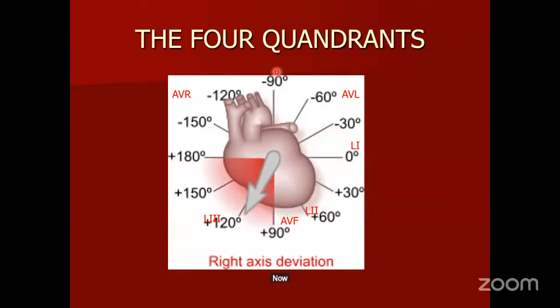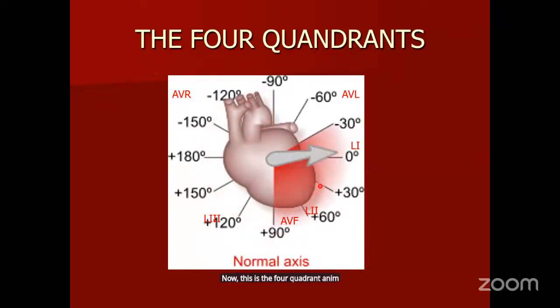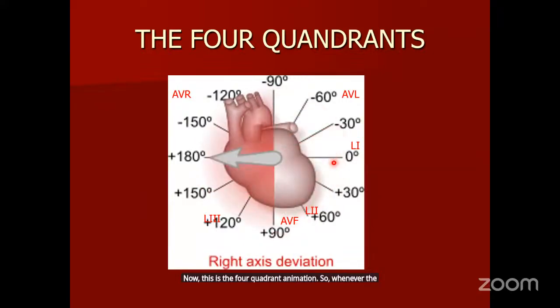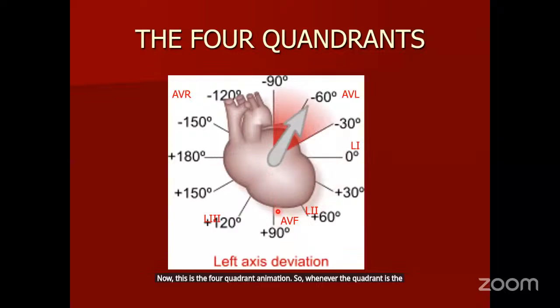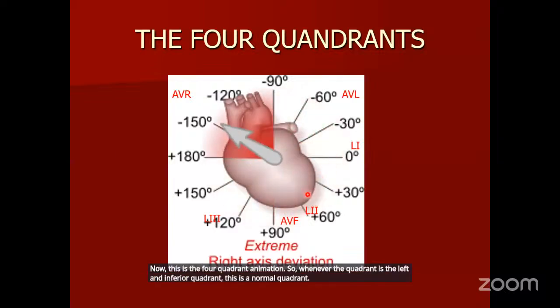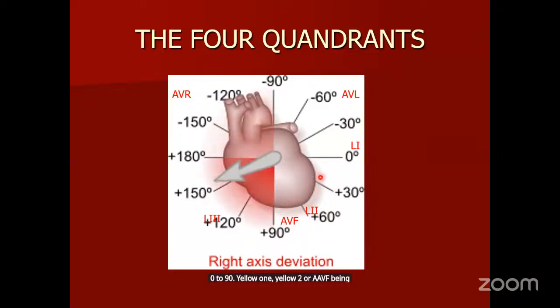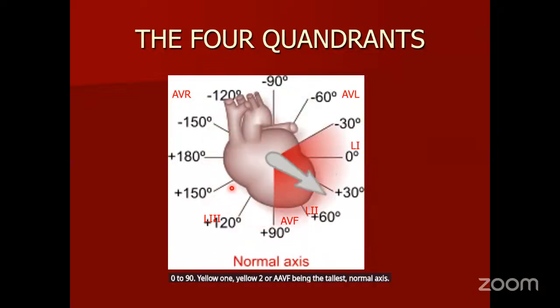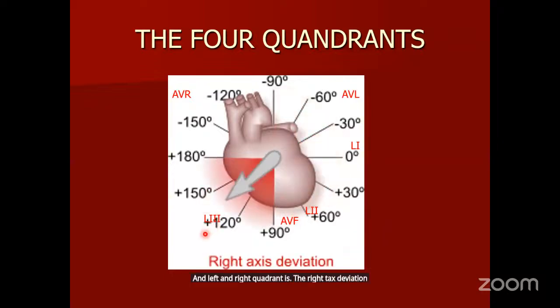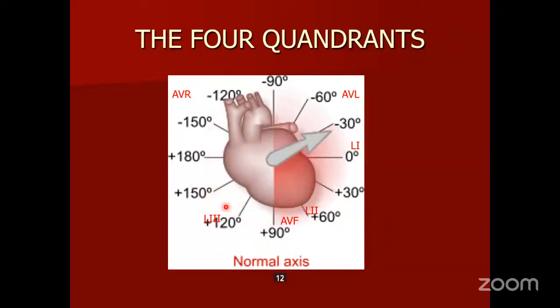Now, this is the 4-quadrant animation. So whenever the quadrant is the left and inferior quadrant, this is a normal quadrant, 0 to 90, L1, L2 or AVF being the tallest normal axis. And left and right quadrant is the right axis deviation, L3 being the tallest, 120 degrees is the right axis.